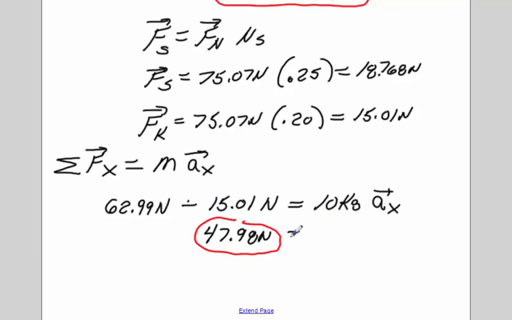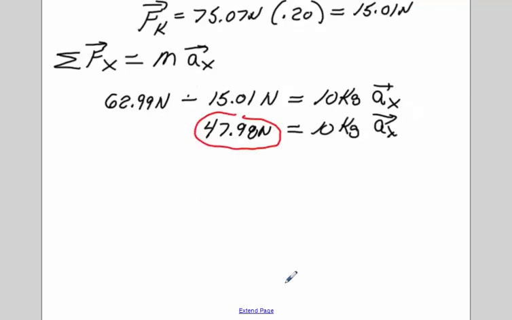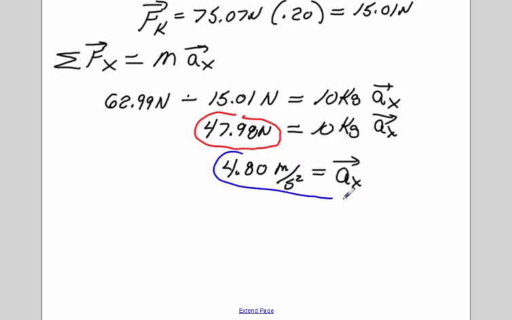I'm going to set that equal to 10 kilograms times the acceleration in the x direction. And when I do that, I get my acceleration in the x direction going down the incline as 4 point, and we'll round, 80 meters per second squared. That's going to be my acceleration with no other forces being applied.